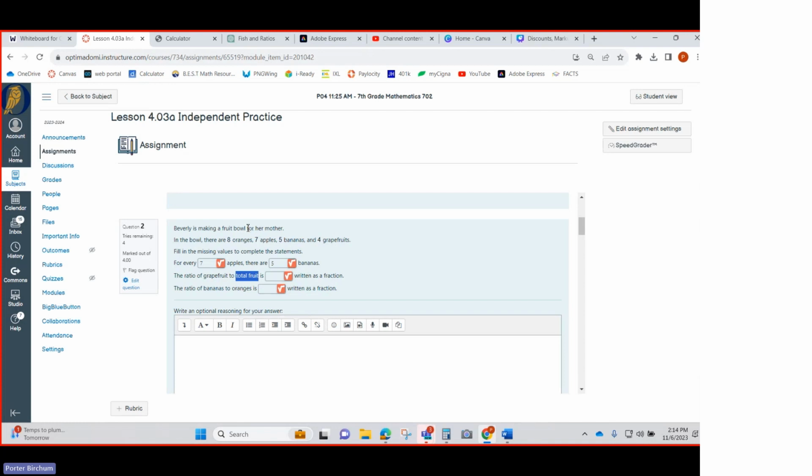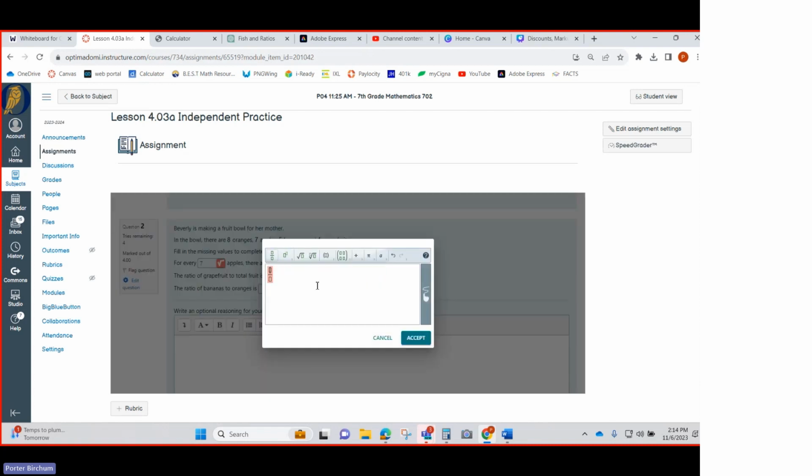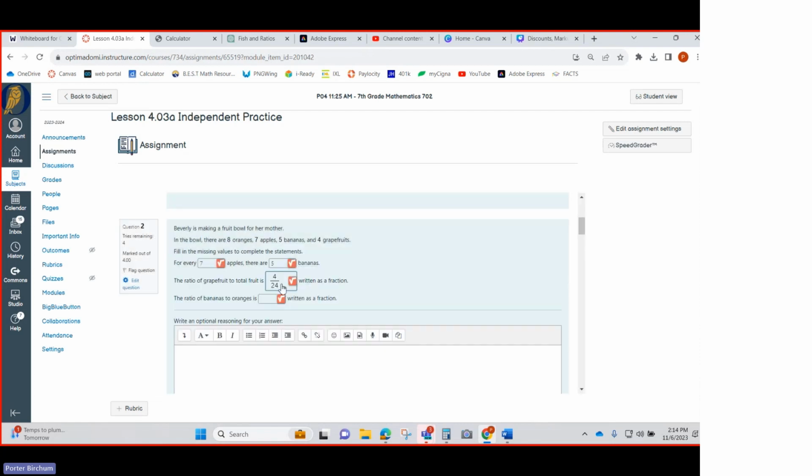So between my oranges, apples, bananas, and grapefruits, I have 24 fruits, and 4 of them are grapefruit. So if I want to write a ratio of grapefruit to total fruit, I would do 4 to 24. I know it looks like 4 24ths, but that's not really what this means. This ratio is written as a fraction, but it's not literally a fraction.